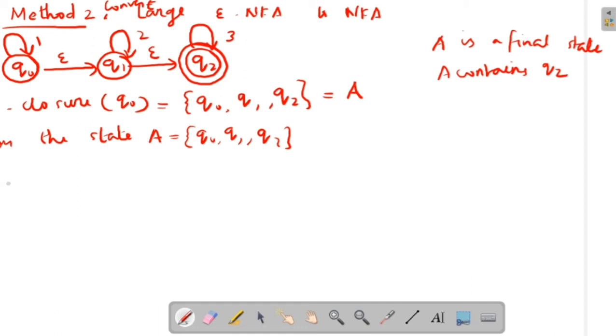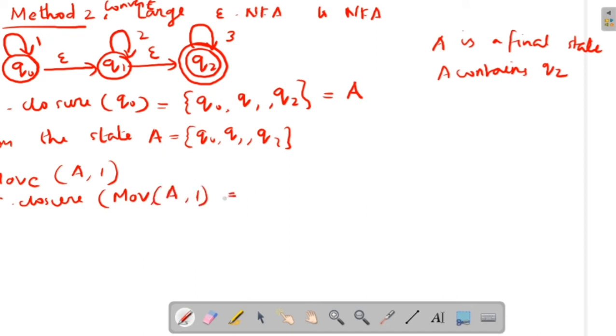So first we find move A comma 1, that is epsilon closure of move A comma 1.